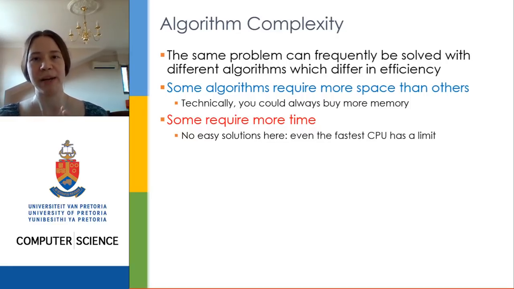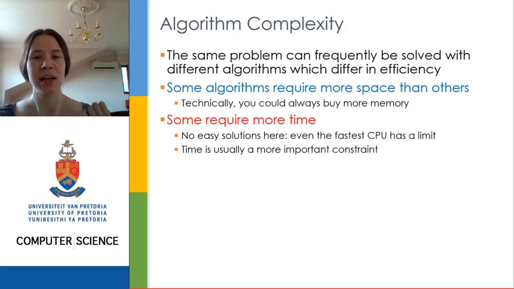You cannot just buy a faster computer if your algorithm is really, really slow, because there is a physical limit to how fast the computers can actually execute commands. So if your proposed solution takes an unacceptable number of steps to actually get to the final goal, then perhaps you should try and find a different solution. So the bottom line is, between space efficiency and time efficiency, we mostly care for the time efficiency, just because it is a lot harder to work around in case you propose a solution that has very poor time efficiency.